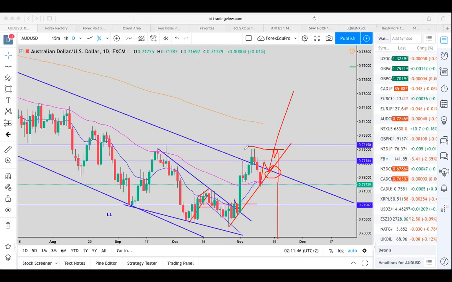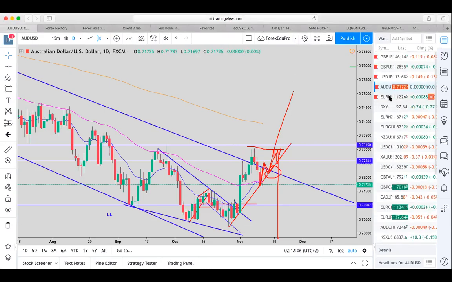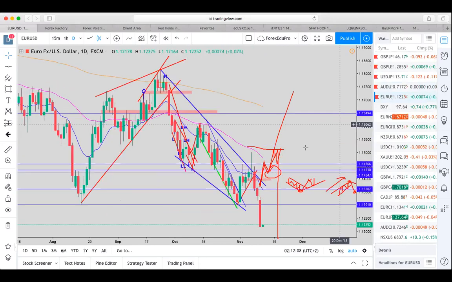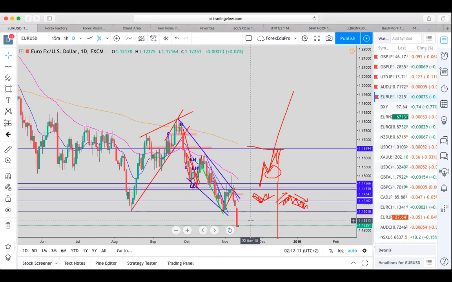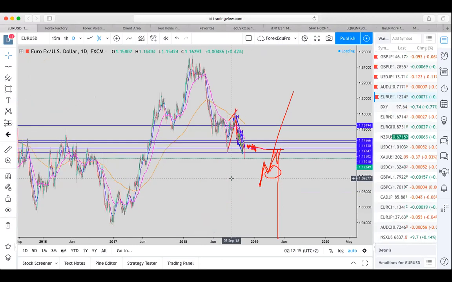The dollar index right now indicates that we could see some bullish movement based on the dollar index. Now the dollar index is 60% euro, so look at where the euro is. Very, very low.